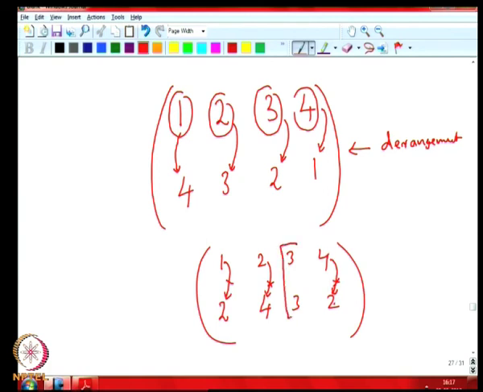But in the third position we are seeing 3 itself. This is something we want to avoid, right. So this is not a derangement.